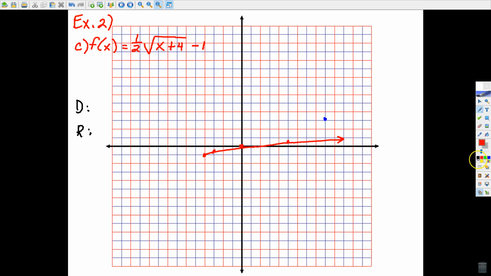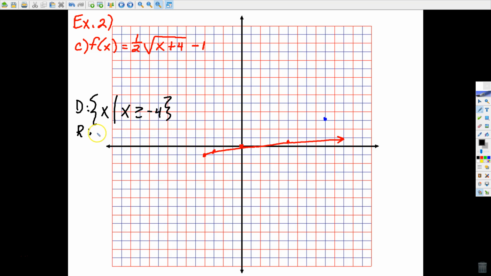Now we state the domain and range, and we will be done with this problem. So the domain will be all x such that, let's see, this red graph is starting at -4 and it's moving to the right, positive. So all x greater than or equal to -4.